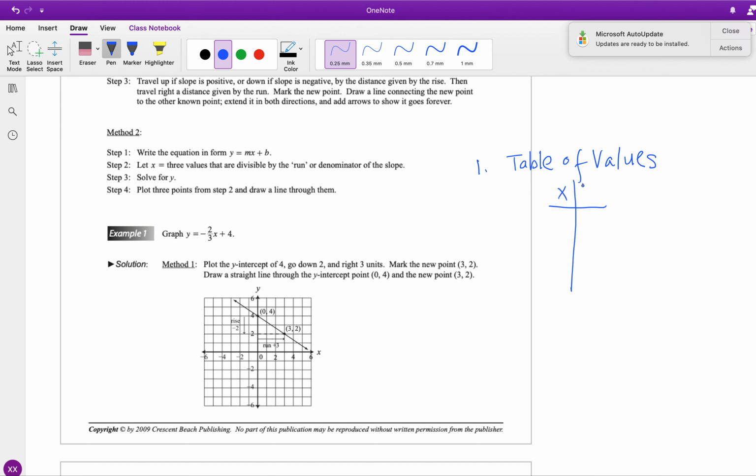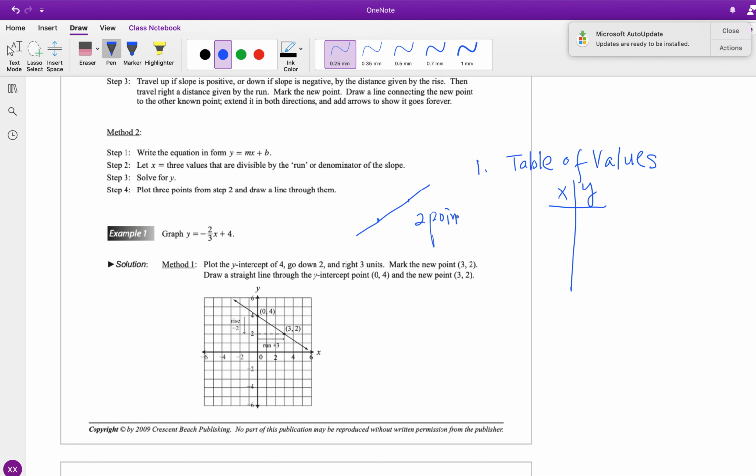Now x can be any value, but y has to be accordingly. In order to graph a line, you only need to locate 2 points.